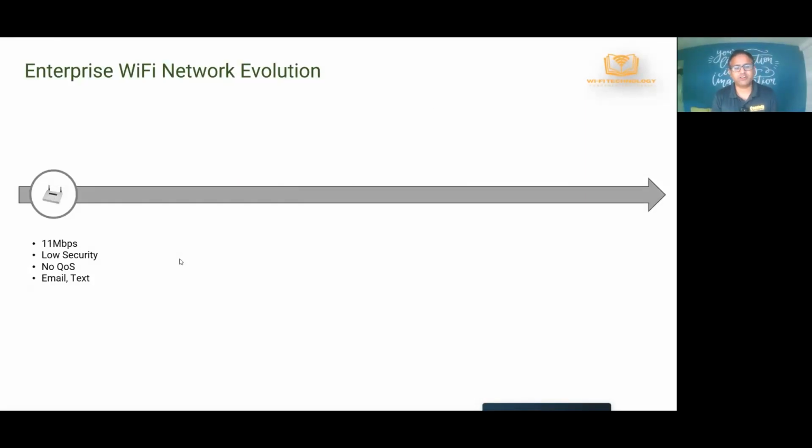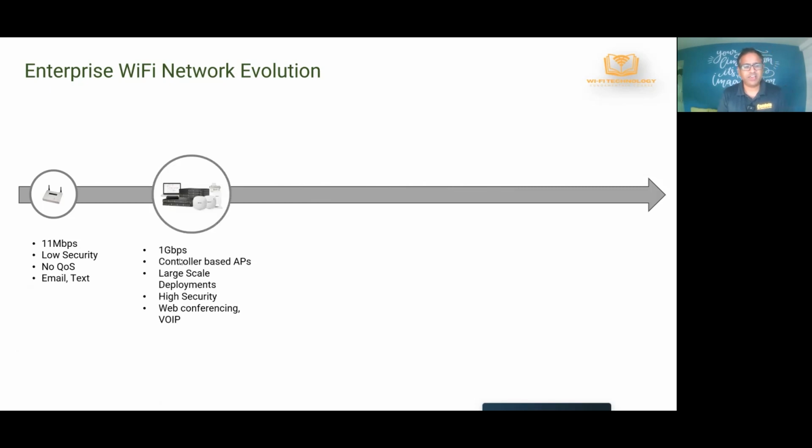It started off with a very simple Wi-Fi router or an access point in a small office environment, typically providing wireless access to 1 or 2 users, with no security, for email and text. And then very quickly we started seeing large-scale deployments of Wi-Fi. The one thing that is fundamentally different from residential to enterprise is scale.